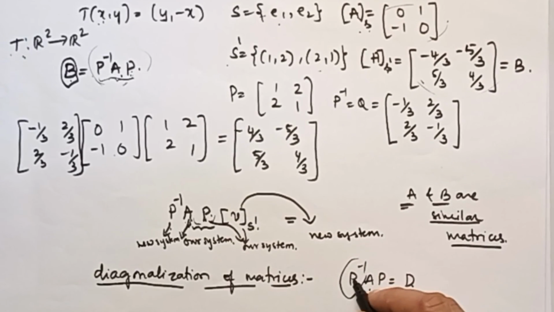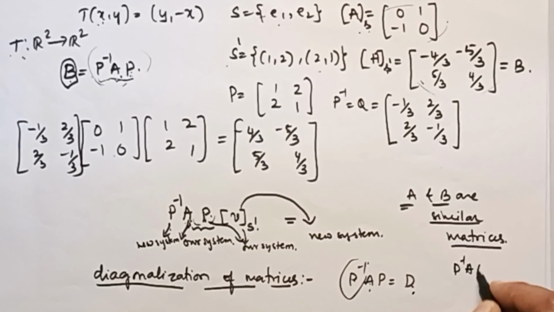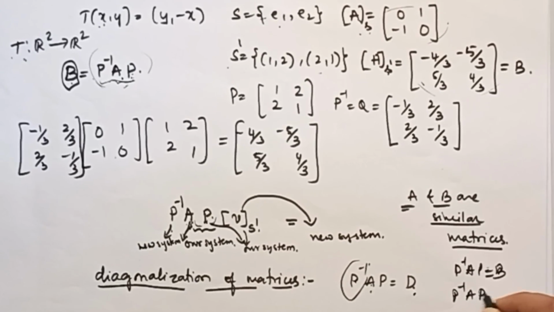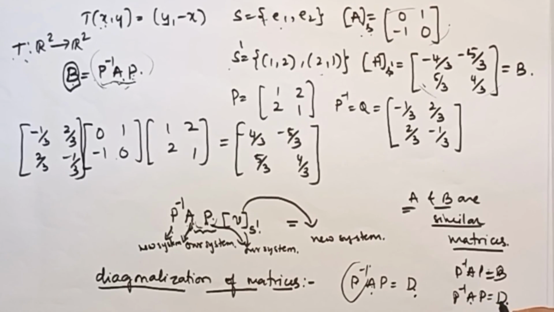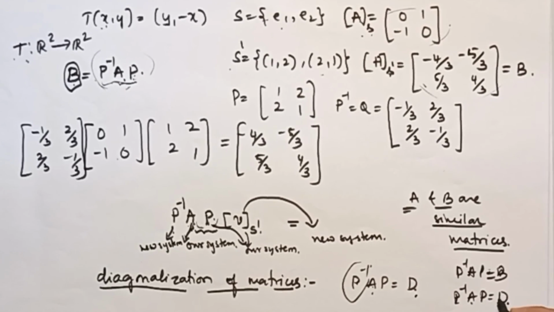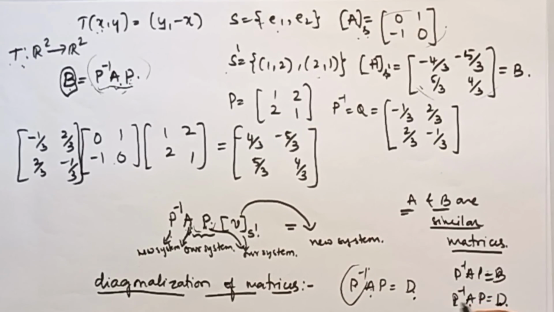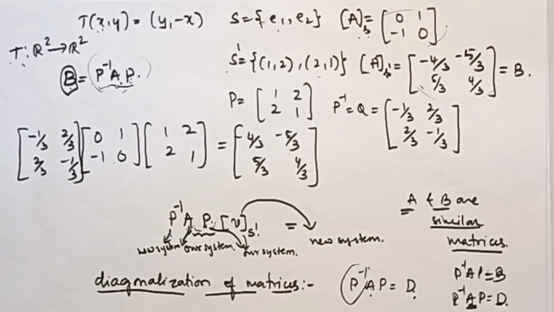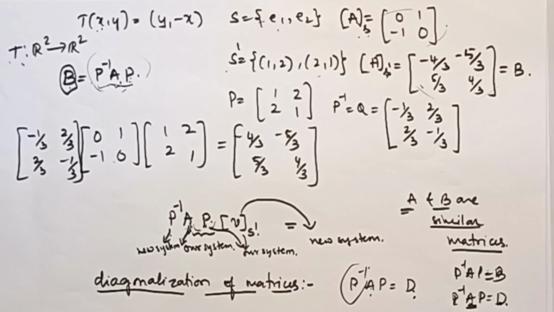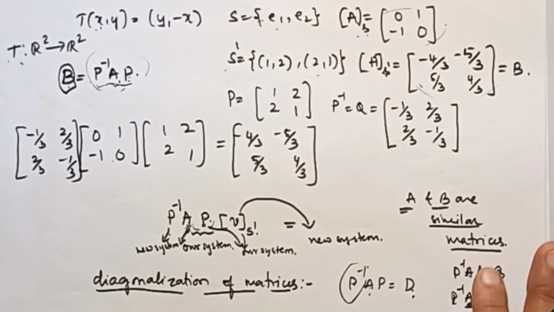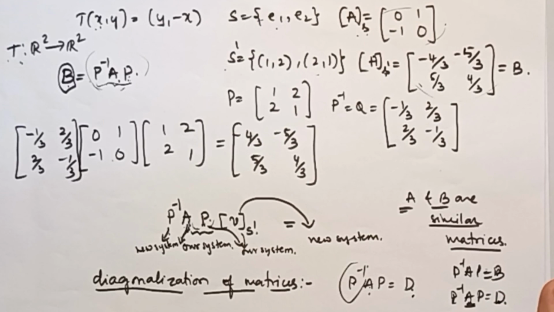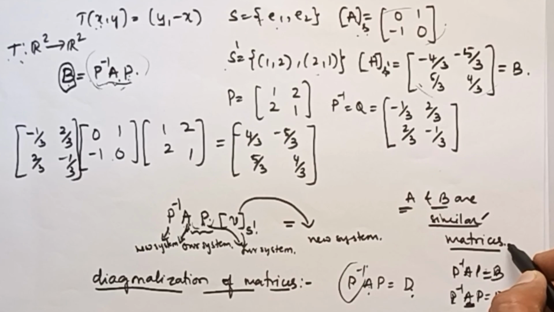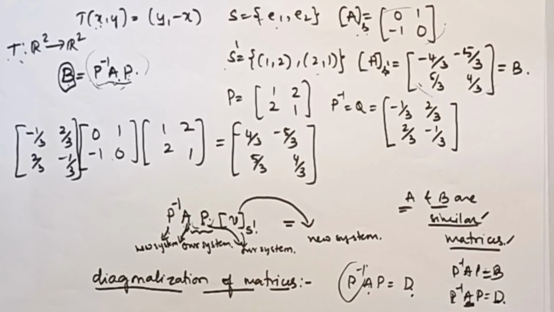Algebraically, when you have P inverse A P equal to B, then A and B are similar. If you have P inverse A P equal to a diagonal matrix D, then A is similar to a diagonal matrix. Hence, your matrix A can be diagonalized, due to which the linear operator is also diagonalizable. So this is the outline of the matrix of change of basis, which plays a very important role in concepts like similar matrices and diagonalization of matrices.